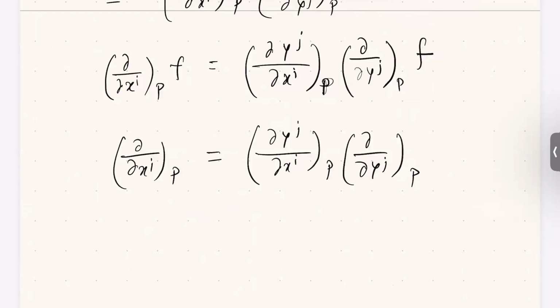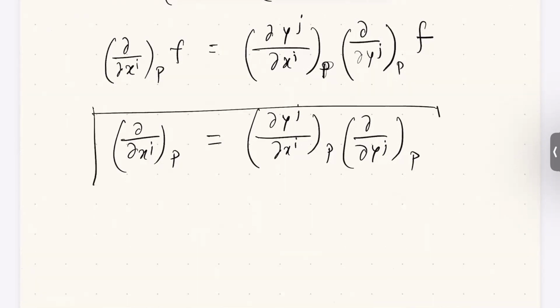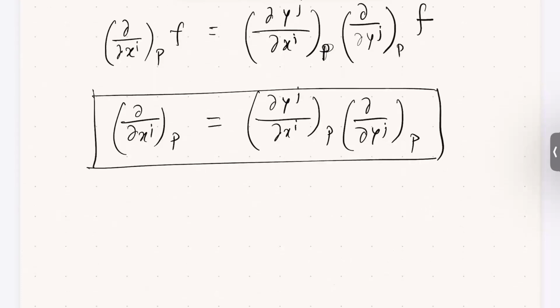This is the transformation rule for a contravariant tensor of rank 1,0, right? I mean, this is not the transformation rule for the tensor itself. This is actually the transformation rule for the components of the contravariant tensor 1,0, because the tensor remains invariant.